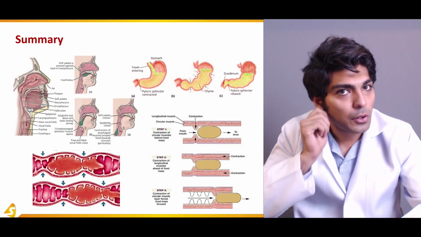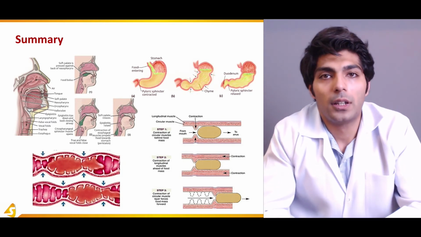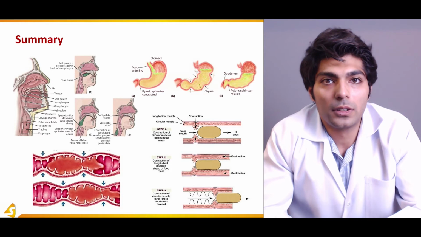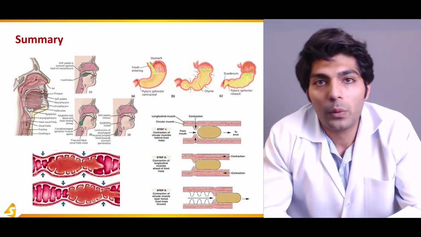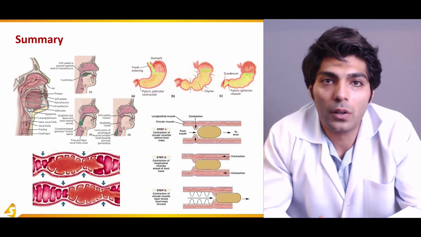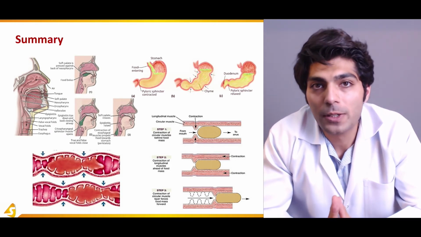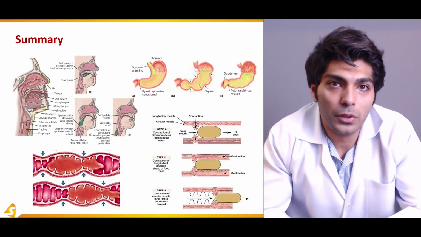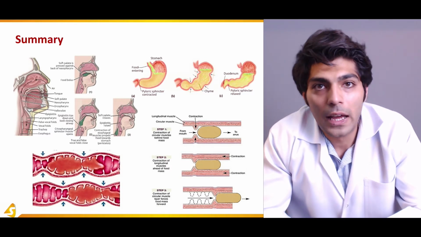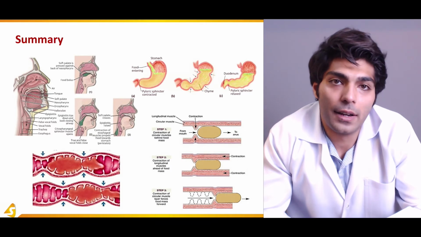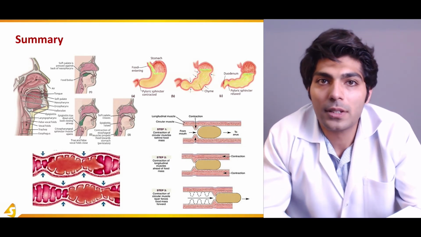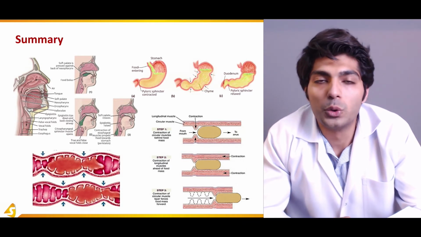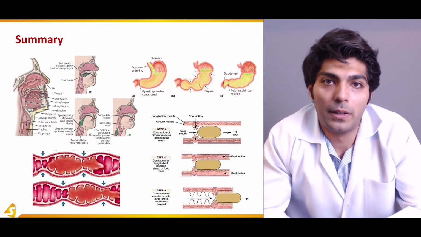So in summary, we're going to summarize the whole discussion. We began with the ingestion, the process of the ingestion of food into the pharynx and then into the esophagus. We know there is saliva in our mouth that contains a few enzymes that break down the food into more digestible forms.